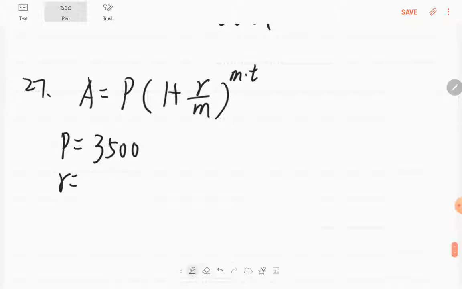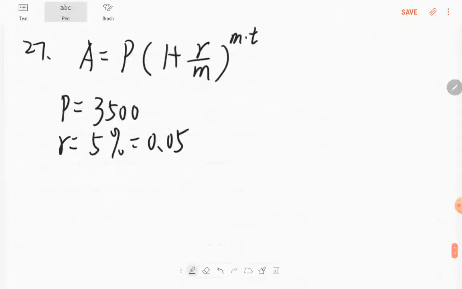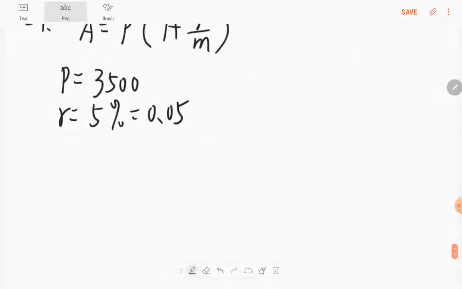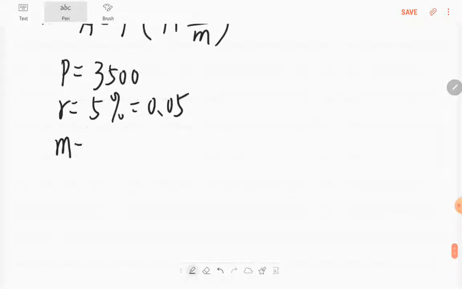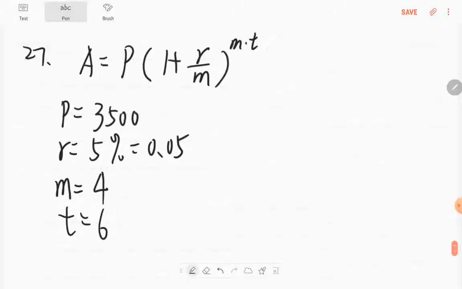R is the annual rate, 5%, which is 0.05. And what is M? How many payments for each year? It's compounded quarterly, so M equals 4. T is 6 years, so T equals 6. This is from the problem.